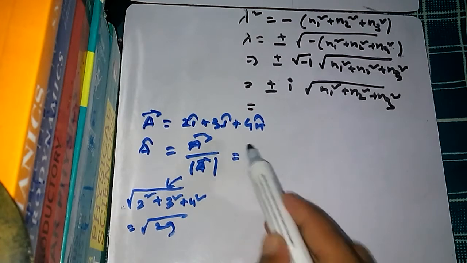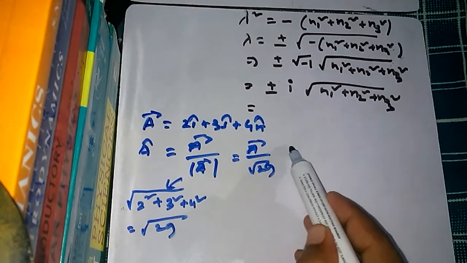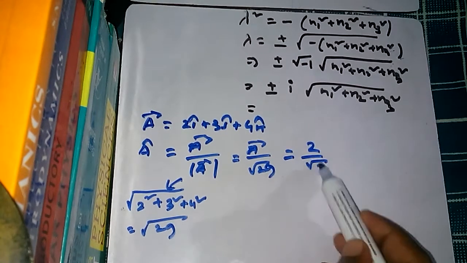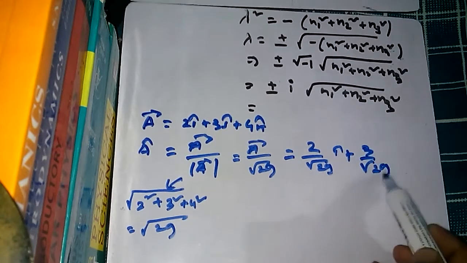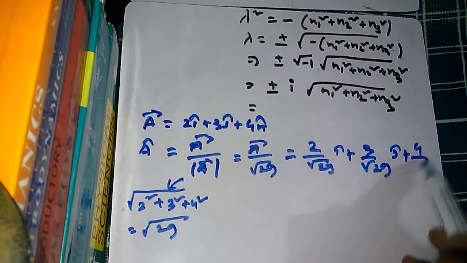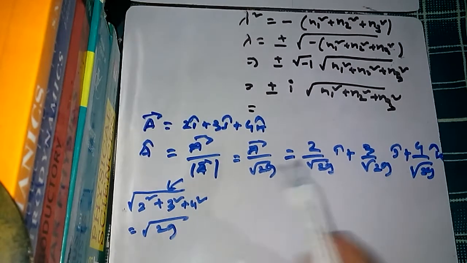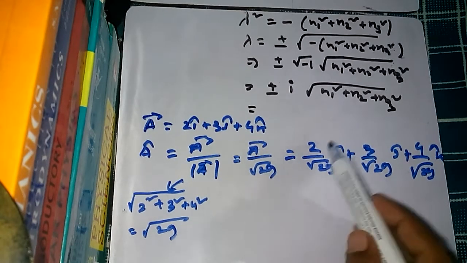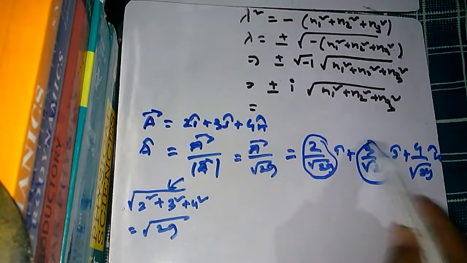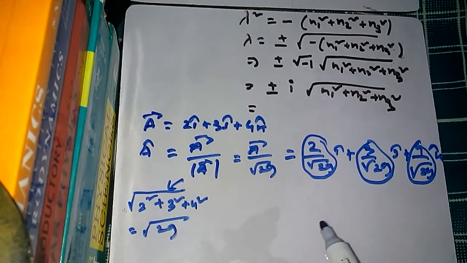That means it is vector A by root 29, and that means 2 by root 29 i cap plus 3 by root 29 j cap plus 4 by root 29 k cap. Now this is the unit vector, and these three components are now components of the unit vector but not of the vector.